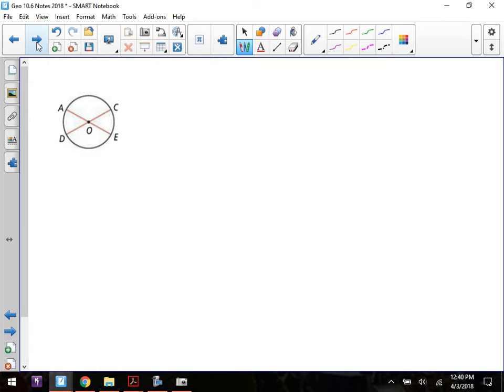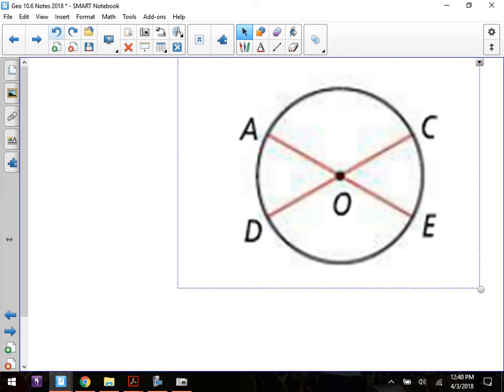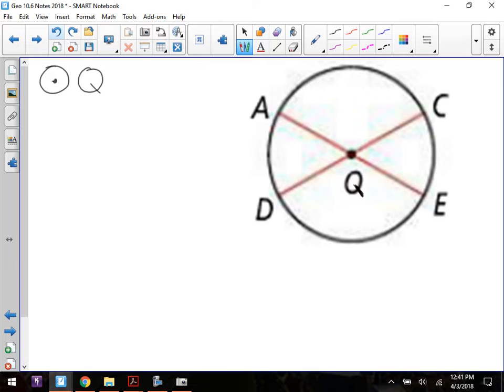What I want you to do is draw a circle, and I want to define this. I'm going to call it circle Q. When they call it circle Q, that means Q is the center of the circle.